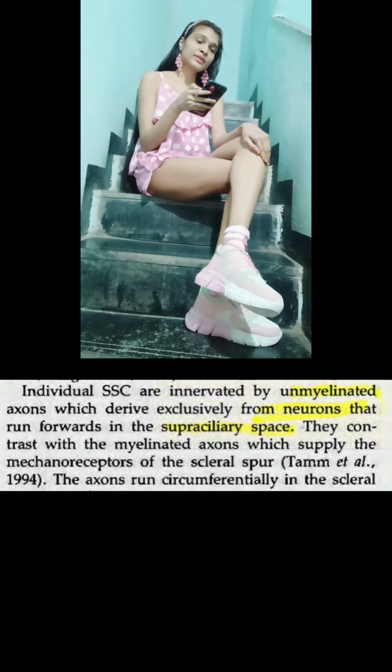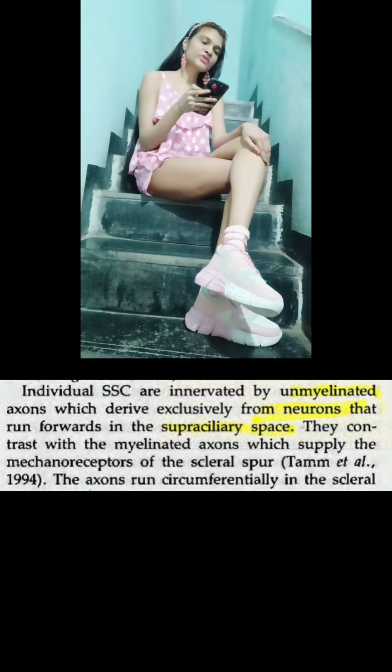Individual SSC, that is, scleral spur cells, are innervated by unmyelinated axons, which derive exclusively from neurons that run forwards in the supraciliary space. They contrast with the myelinated axons, which supply the mechanoreceptors of the scleral spur.